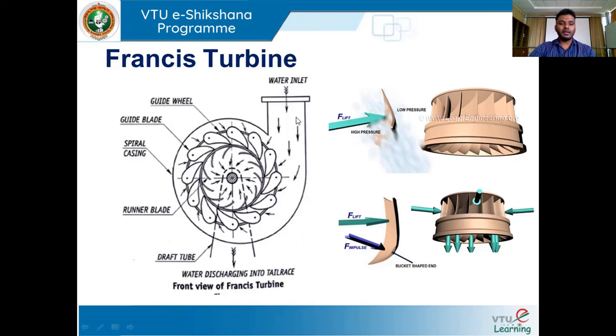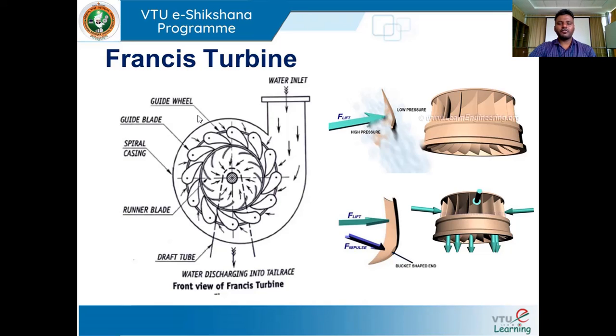Coming to the working principle, one end of the spiral casing will be connected to a large pipe or a penstock. Water with pressure energy and kinetic energy starts entering the spiral casing, where it experiences a decrease in its pressure energy and an increase in its kinetic energy.